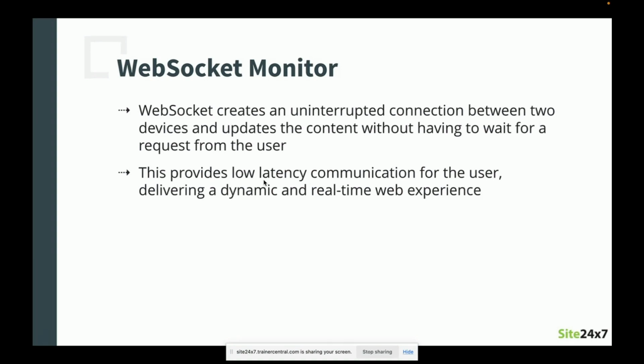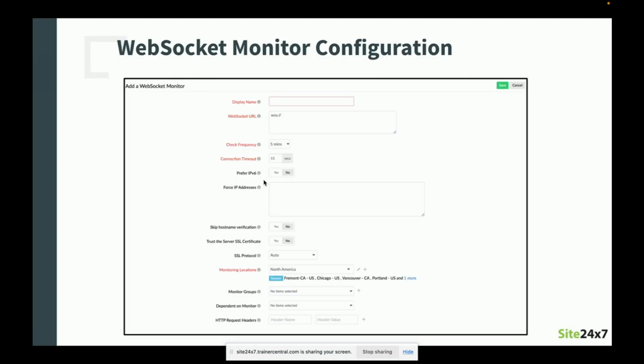And this is the add WebSocket monitor page where you get to configure the WebSocket URL, set a connection timeout so that if the connection did not happen within this time, an alert should be triggered. And if you want to verify if the host name on the certificate matches the host name specified in the WebSocket URL field, then you just have to disable the skip hostname verification field.